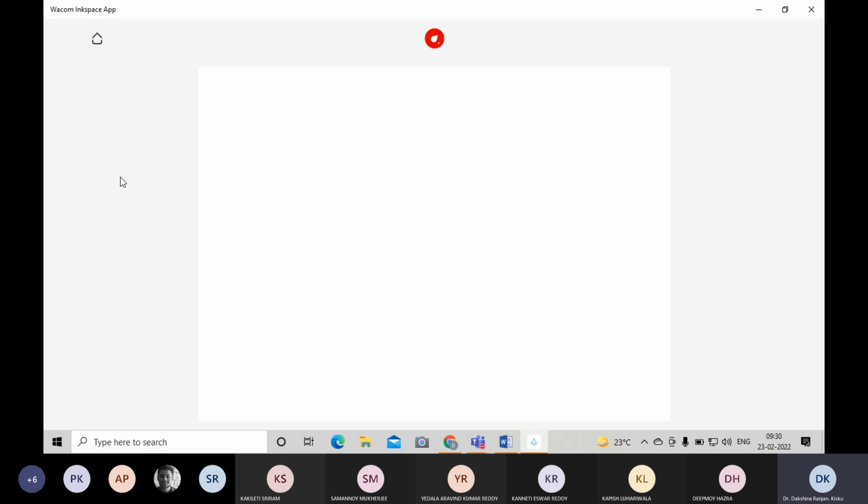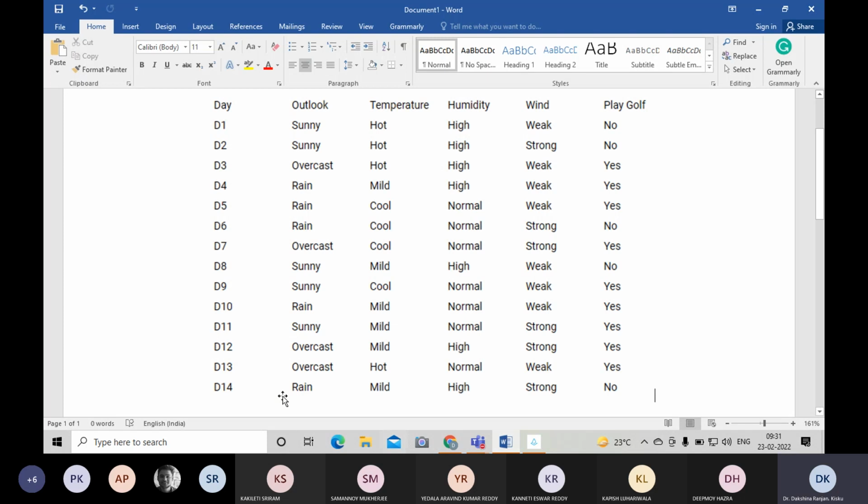Now let us consider an example. Let me show you a data set. Can you see the data set? Yes, sir. Here you can see the data set. We have collected this data set over 14 days about the weather.